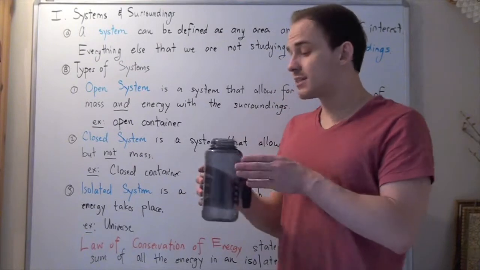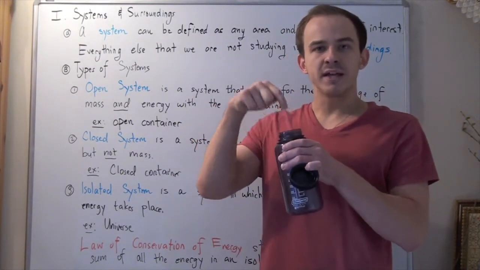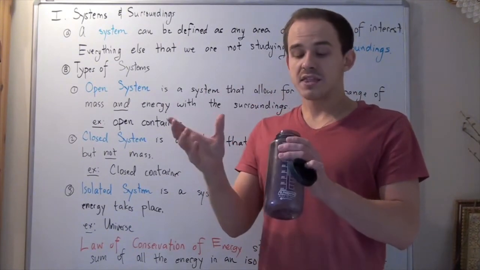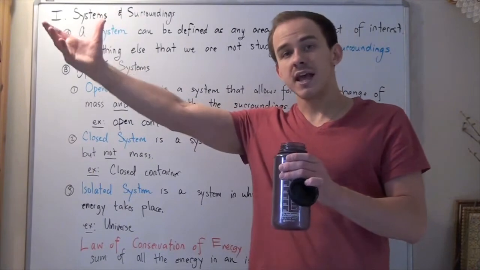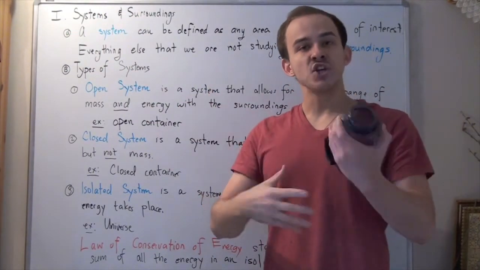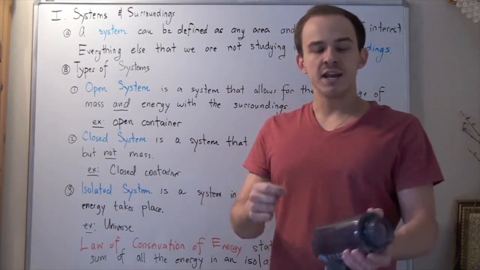Why is it an open system? Well, because air molecules found on the inside of my container are allowed to leave my container, my system. And that means air molecules in the air are also allowed to enter my system. So mass is exchanged because molecules which have mass leave and enter the container.